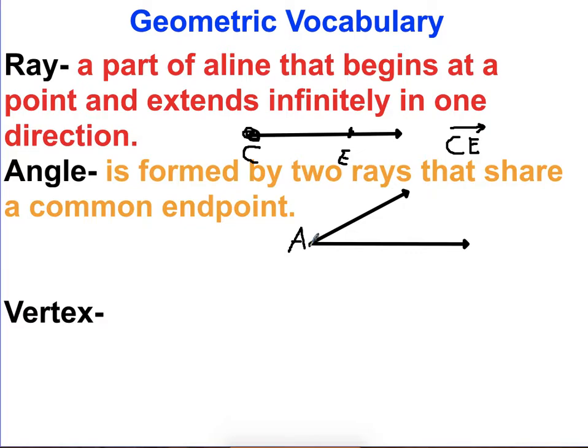So this endpoint is A. Over here we have B. And over here we have C. So this could be angle A. Another way to see this, when we start seeing more letters in geometry as well, we take the letter right here. This is going to be at the vertex. That's what's coming up next. We name it with the vertex being in the middle. So this could also be noted as angle BAC. You would trace and follow with your pencil or with your finger in order, leaving the vertex in the middle.